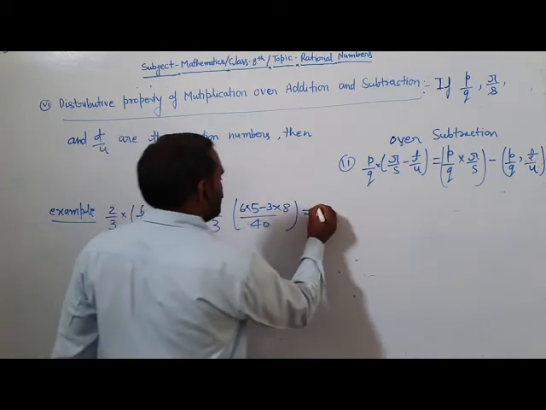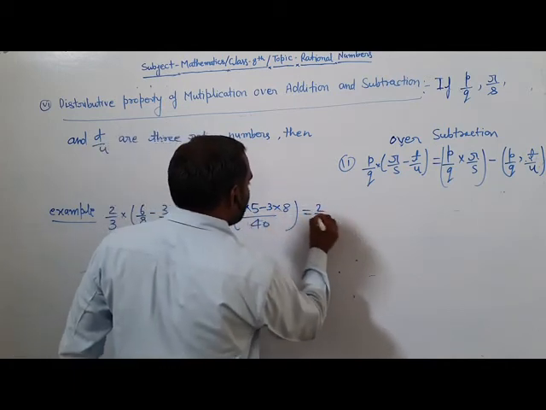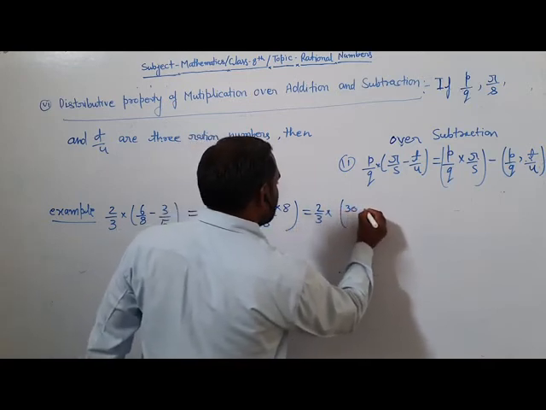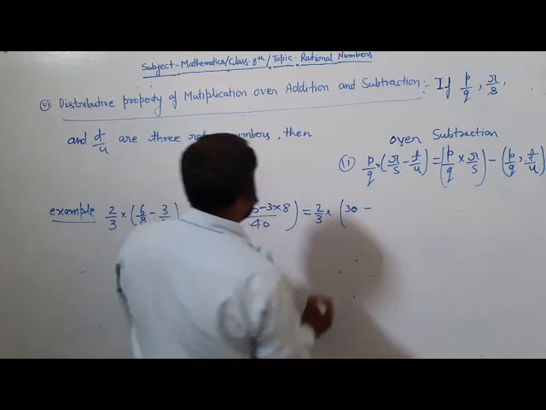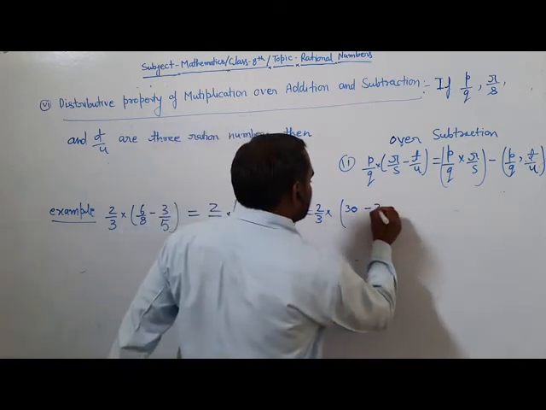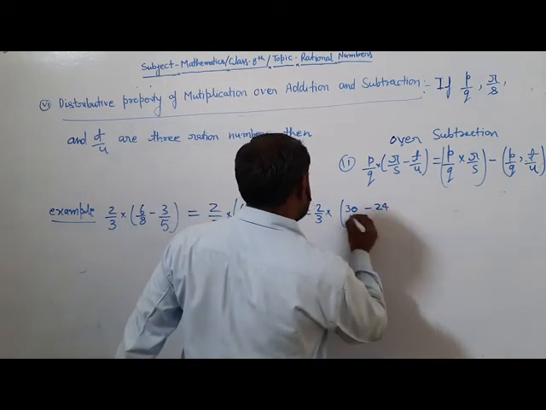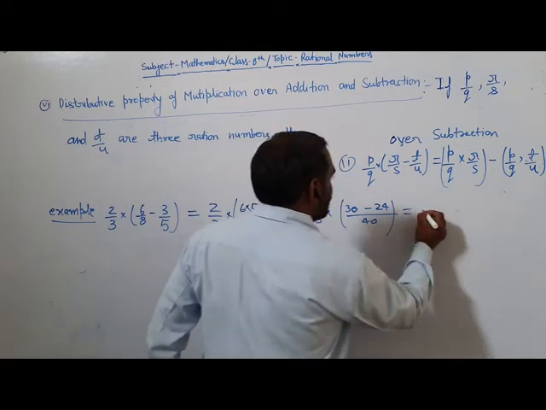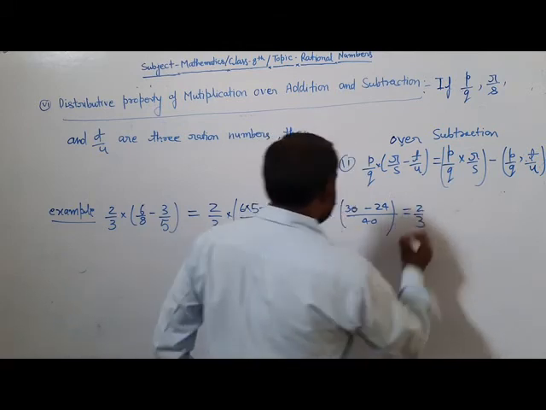We get 2 by 3 into 6 5 ja 30, 30 minus 8 3 ja 24, by 40.